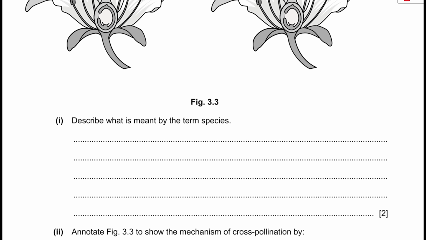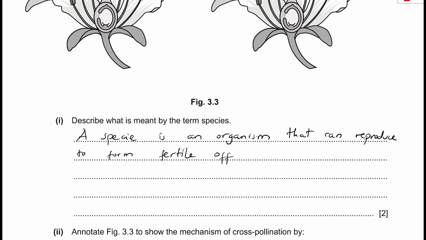If they are not fertile, then the two organisms that were involved were not of the same species. Alright, so we say that a species is an organism that can reproduce to form fertile offspring. The offspring must actually be fertile.